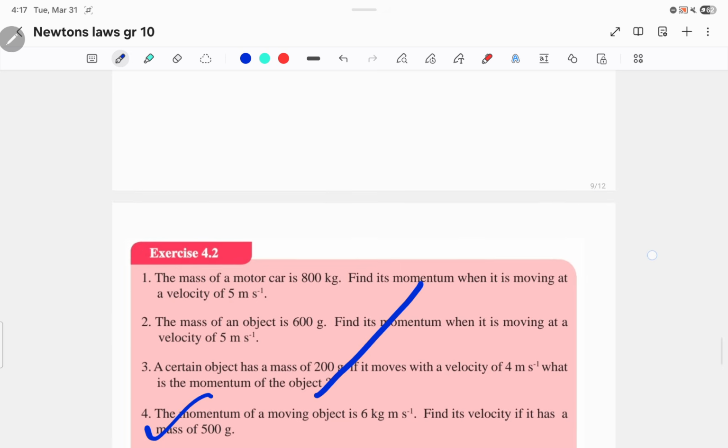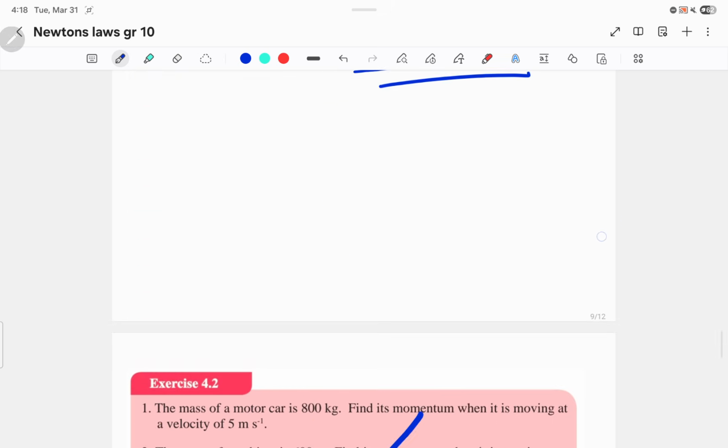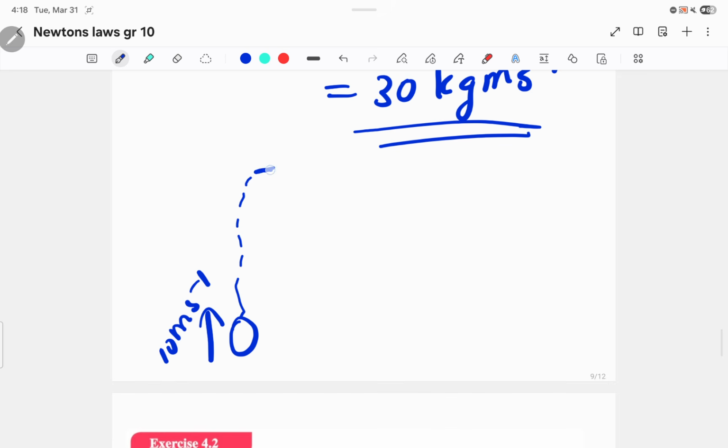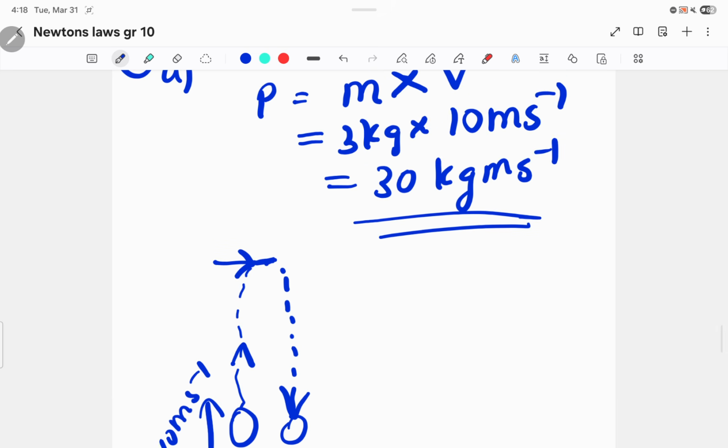Okay, so what would be the momentum when it reaches the highest point? It is a tricky one, right? Think you are pushing a ball at 10 meters per second. What happened with time? It will go up and stop, and it starts falling down. That is the thing usually happening, right? So when it reaches the highest point, what is the velocity? Ball should be stopped, right?